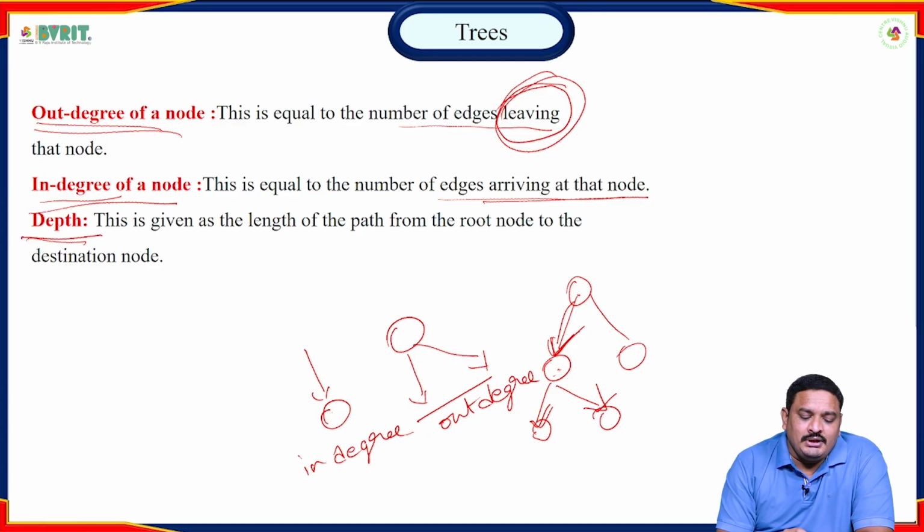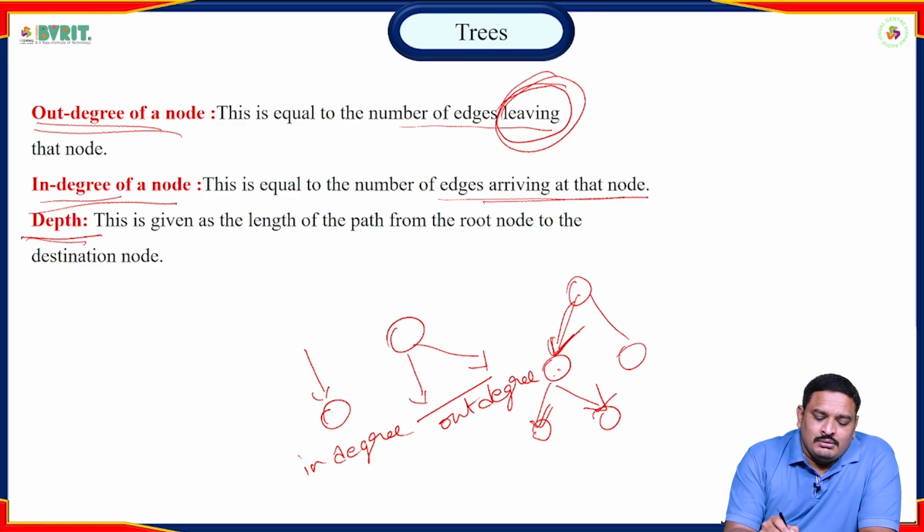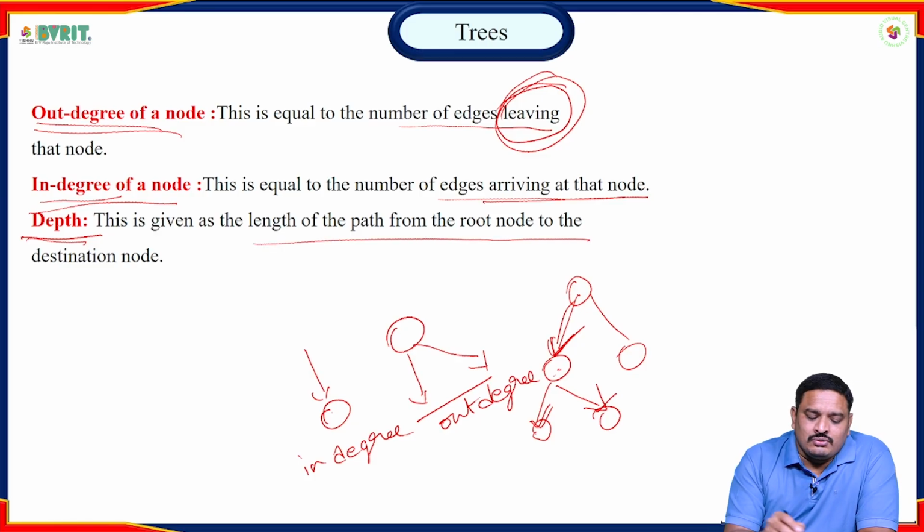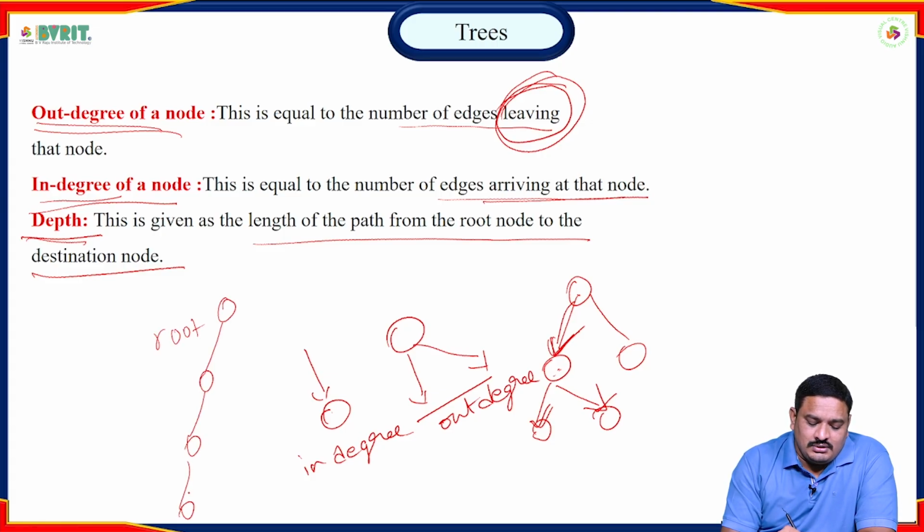Next one, depth. What is the depth of a node? Here, it is the length of the path from the root node to the destination node. Root node to the destination node. Root node is the parent node. This is the depth from the root node to, suppose this is the destination node, like this.